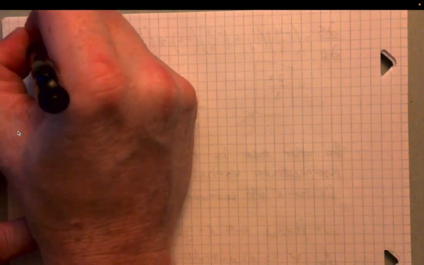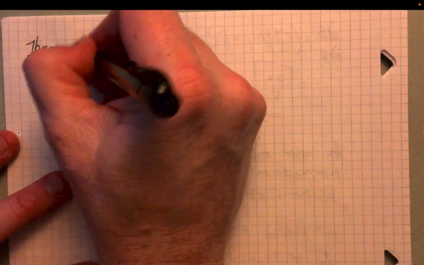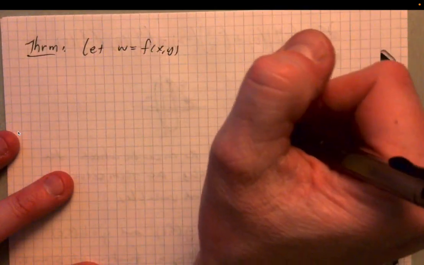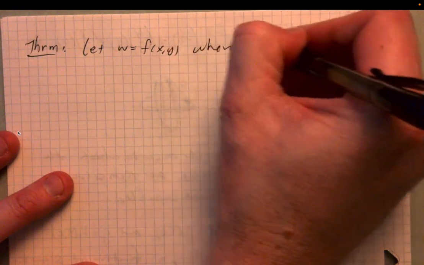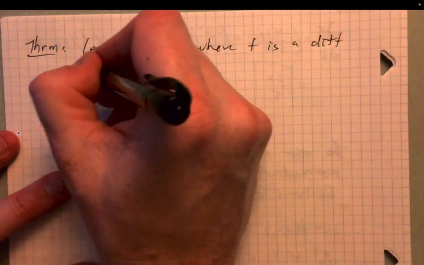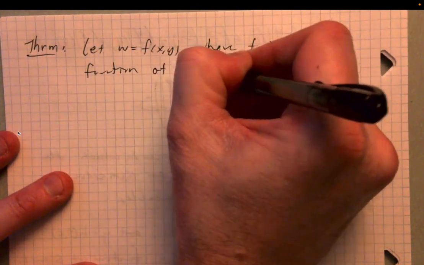There is an alternative approach to this, and that's going to involve the chain rule. In some cases, this alternative approach is more straightforward and easier to work with. So what is the alternative? Well, let w equal f of xy, where f is a differentiable function of x and y, of course.